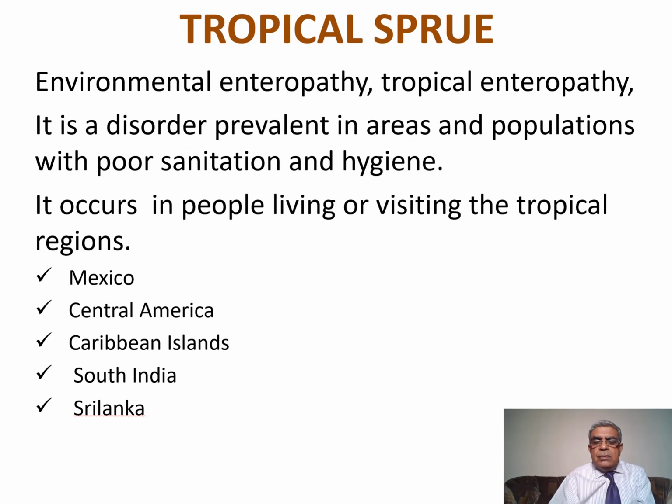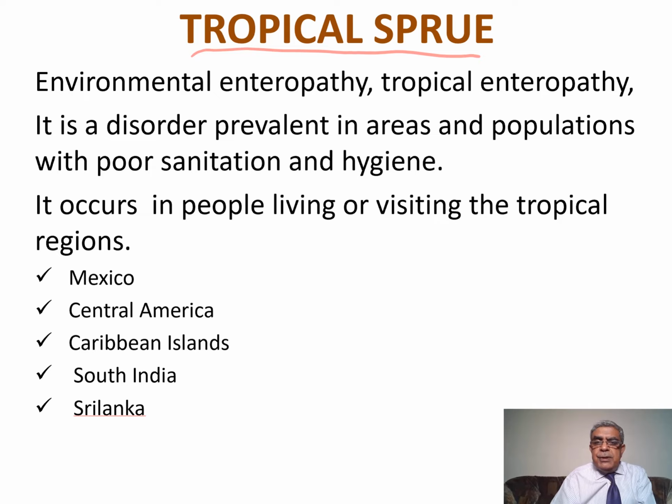Now we are coming to the entity which is responsible for malabsorption syndrome, and that is tropical sprue. It is also called environmental sprue, environmental enteropathy or tropical enteropathy, a disorder which is prevalent in areas and populations with poor sanitation and hygiene.